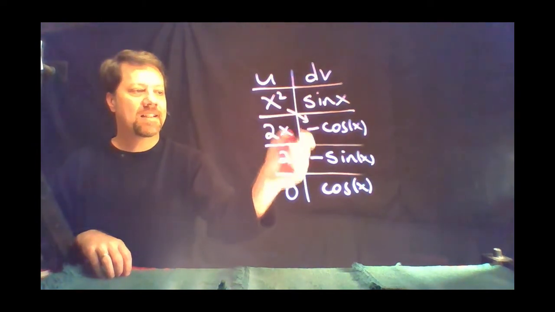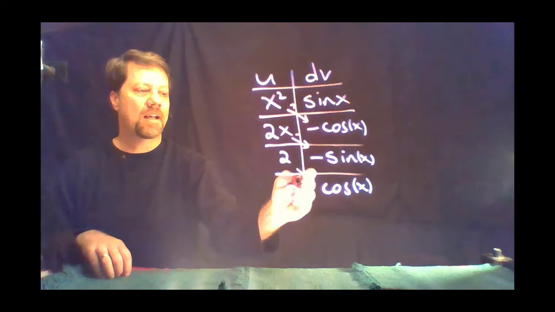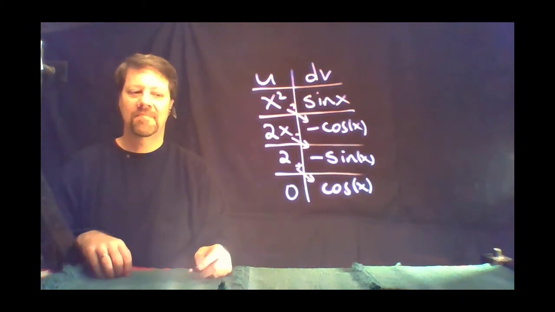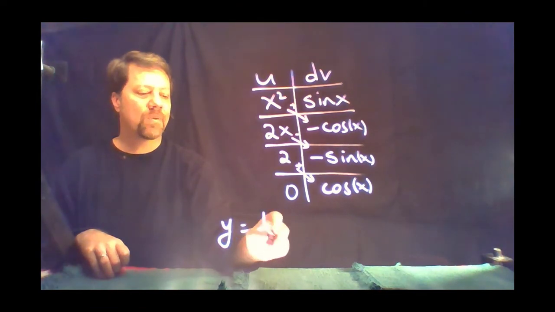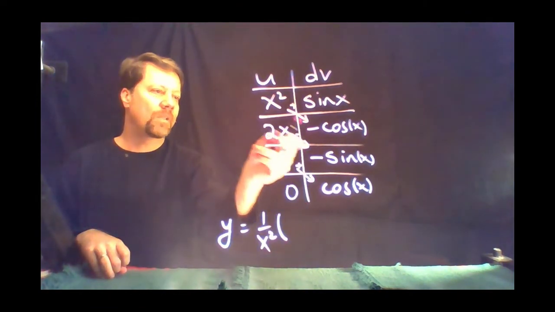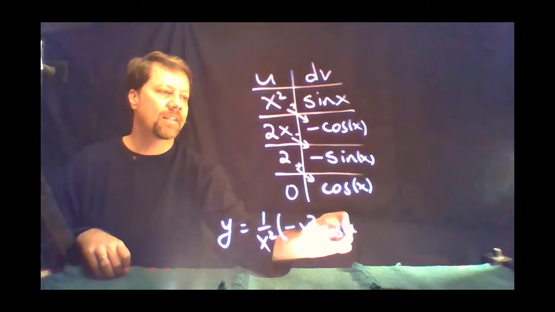In the next step, we multiply down diagonals and alternate signs. So we'll have y is 1 over x squared times, we'll get a negative x squared cosine of x.